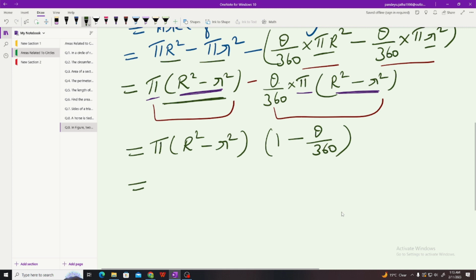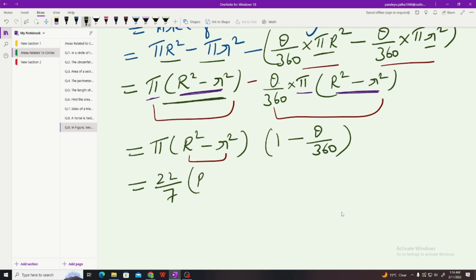The value of pi is 22 upon 7, and again this R square minus r square is in the form of a square minus b square. So we will write this as a plus b and a minus b.